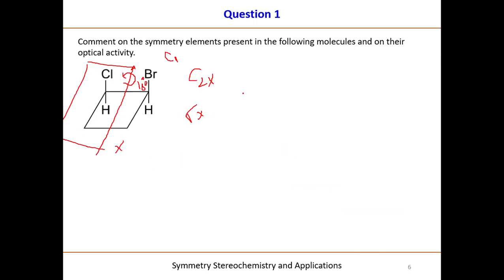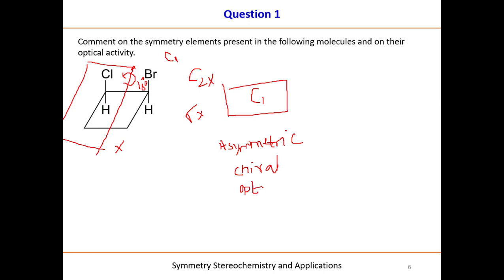So this molecule comes under the C1 point group, and because C1 is a chiral point group, it's an asymmetric molecule, and it is chiral. Because it's a chiral molecule, it is optically active.